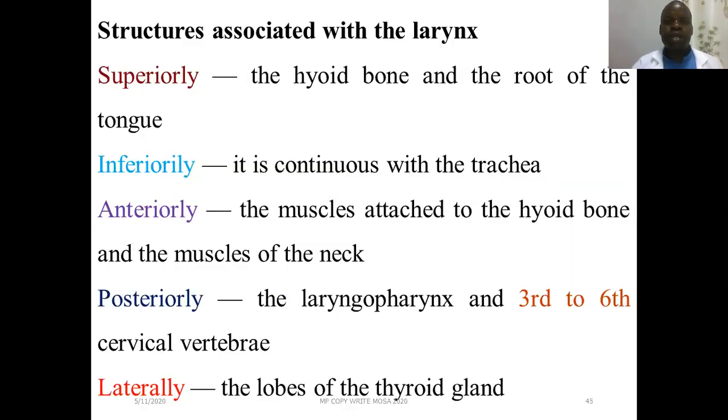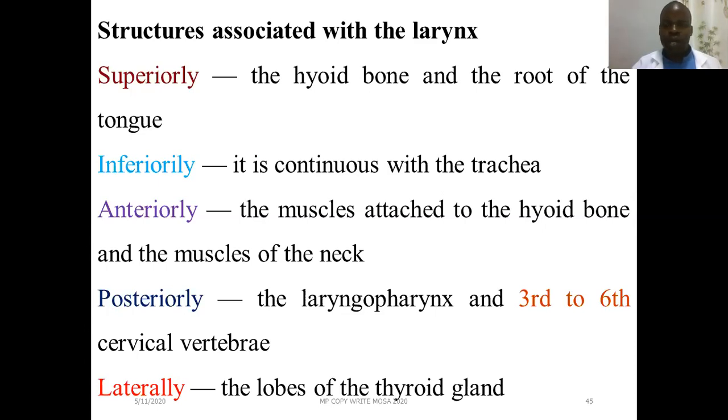Structures associated with the larynx: superiorly, on top, the hyoid bone and the root of the tongue. Inferiorly, on the lower part, it is continuous with the trachea. Anteriorly, in front, the muscles attached to the hyoid bone and the muscles of the neck.